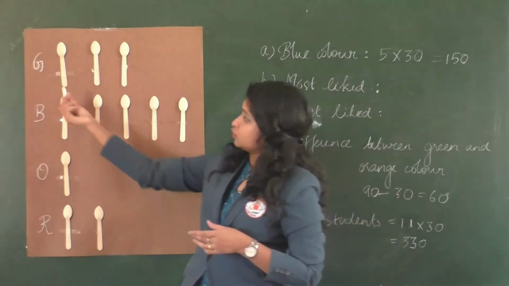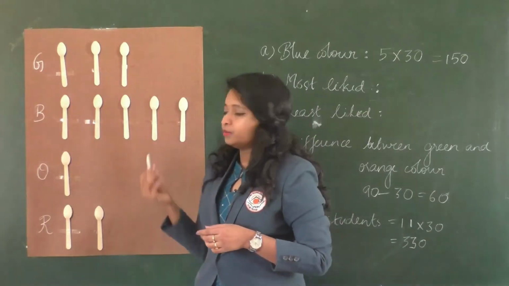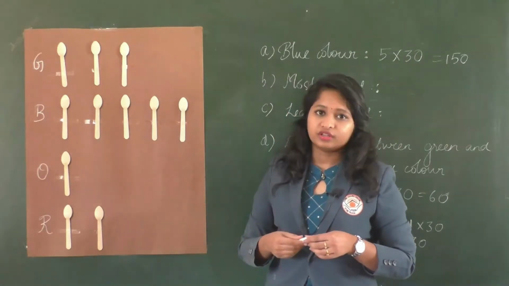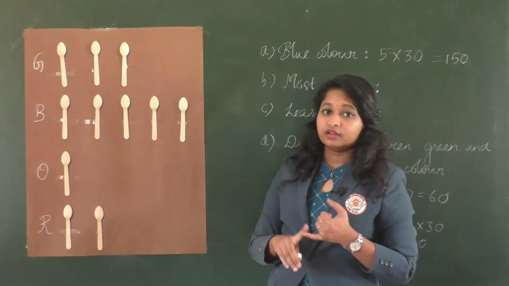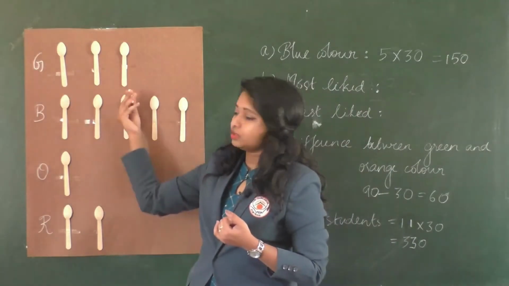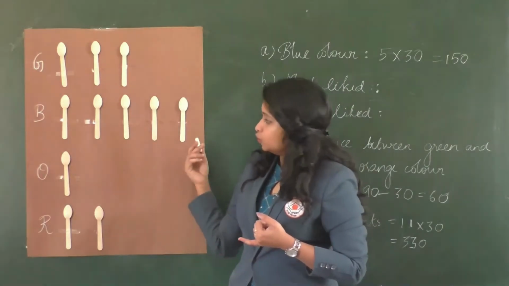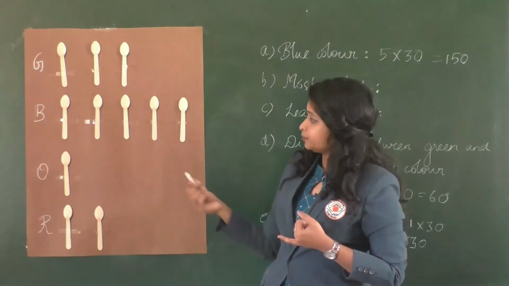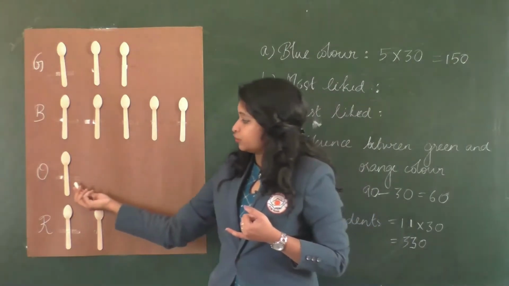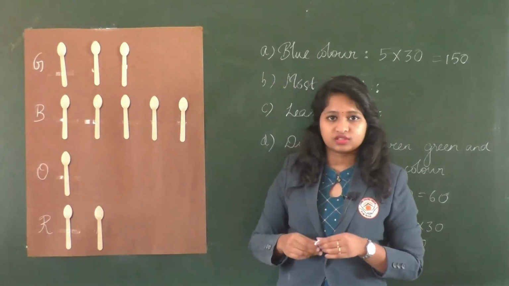This is for green color, this is for blue, this is orange, and the last is for red color. So here for green it would be 90, for blue it is 5 into 3, which is 150, for orange it is 30, and for red it is 60.